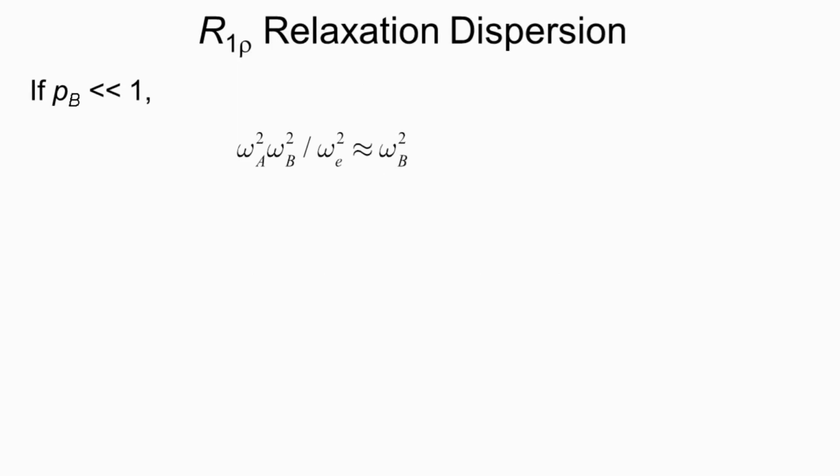But if the population of B is very small, then omega A and omega E are nearly identical, because the average frequency is very close to the frequency of the A state, so that this combination omega A squared, omega B squared over omega E squared is approximately omega B squared.